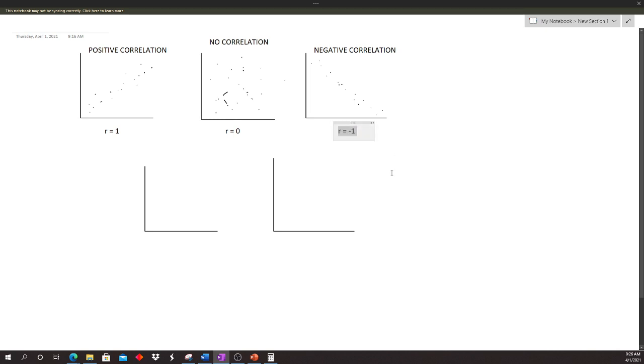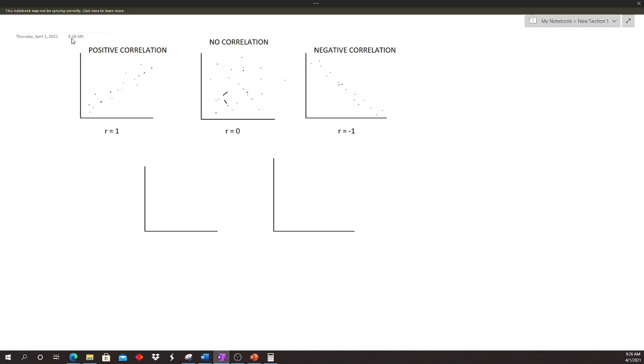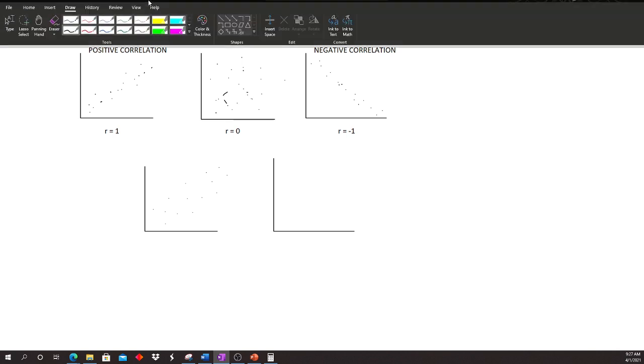So in addition to being able to identify is there a positive or negative relationship or none, the other thing that you're going to be asked to do in this assignment is estimate what the correlation coefficient should be. So obviously if it's a straight shot, then that's not too bad. But if they're more spread out, let's say here, they're not as close as they are in the first example in the top left there, but there's some positive relationship.